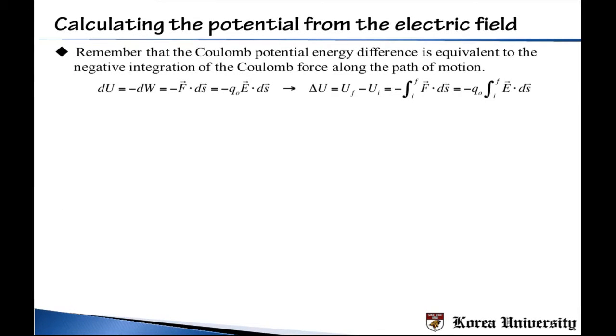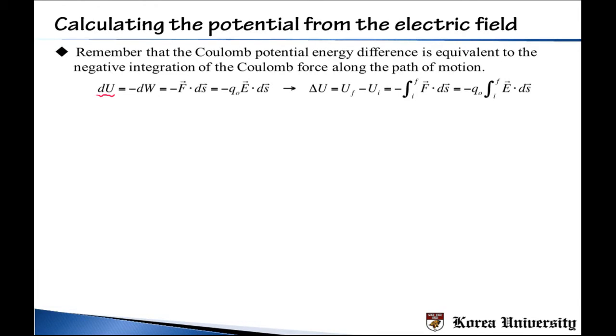Let's see how explicitly we can calculate the electric potential from the electric field. Let's begin by considering how we calculated the Coulomb potential energy difference. It was equivalent to the negative integration of the Coulomb force along the path of motion, right? In order to do the integration, let's first write it in differential form.